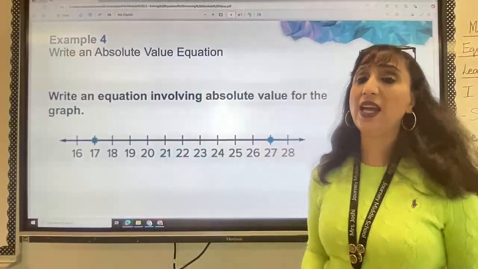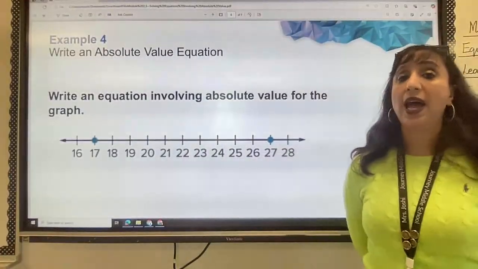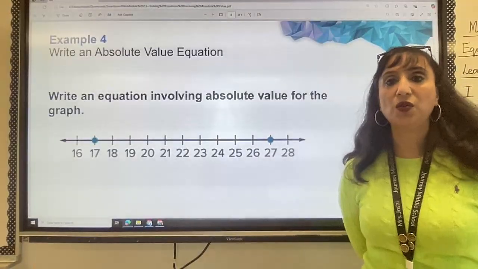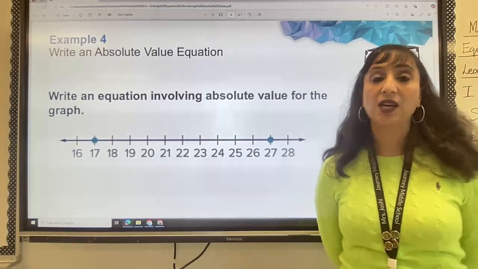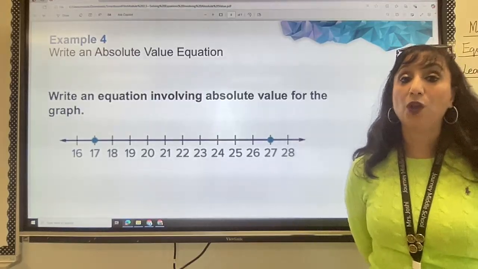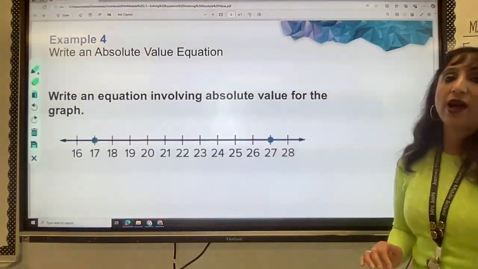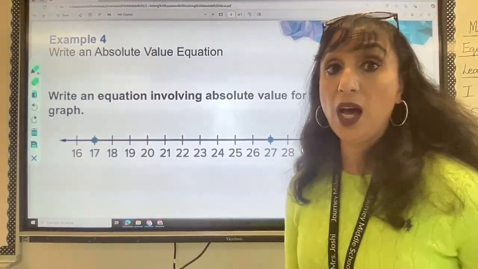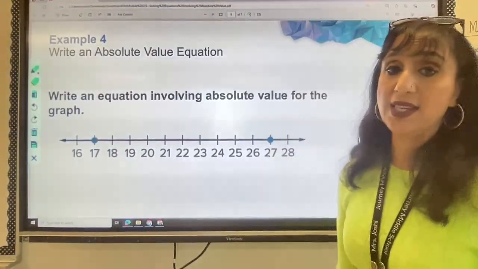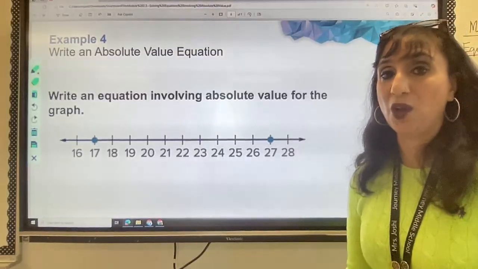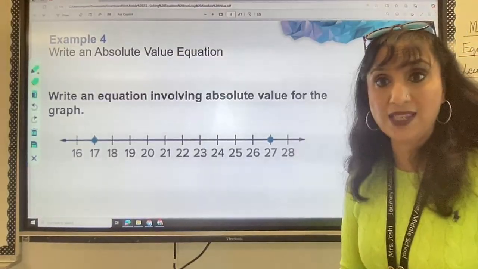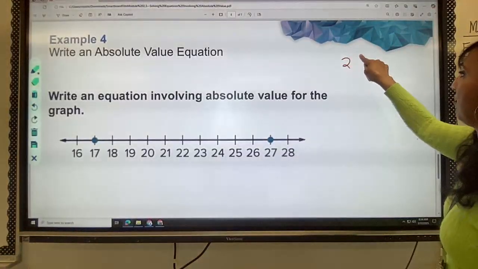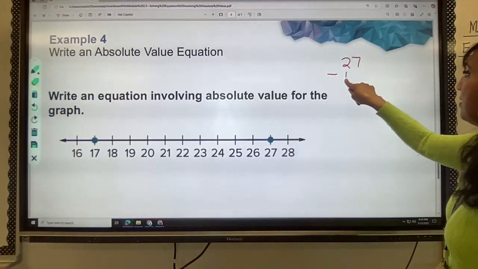So the first thing that I would suggest is look at the points that are plotted. I have 17 and I have 27. Okay, so what I would suggest is take 27 and subtract 17.